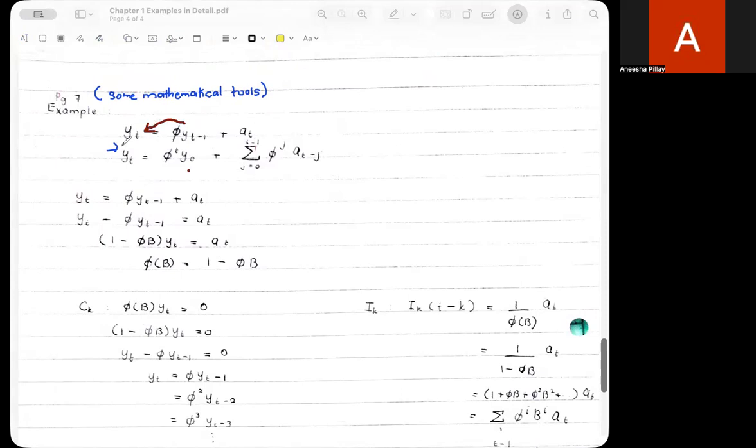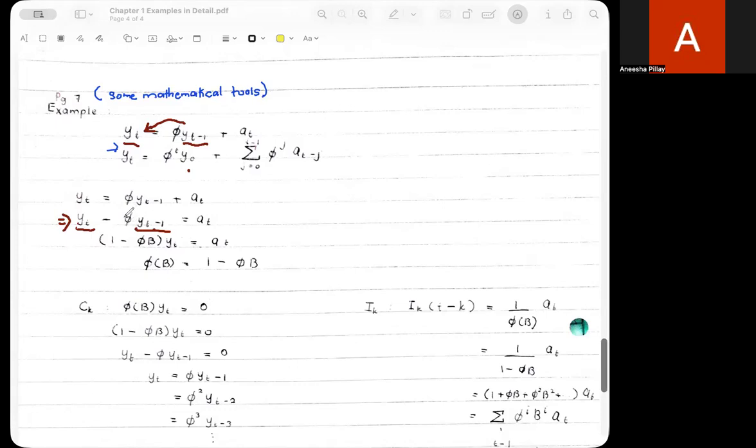That means you group all this, your current observation and your previous observation, plus the white noise or the error term here. If we move it here, it would be given in this form. So we are actually looking into the observations in this case. The backward operator is applied to these observations.